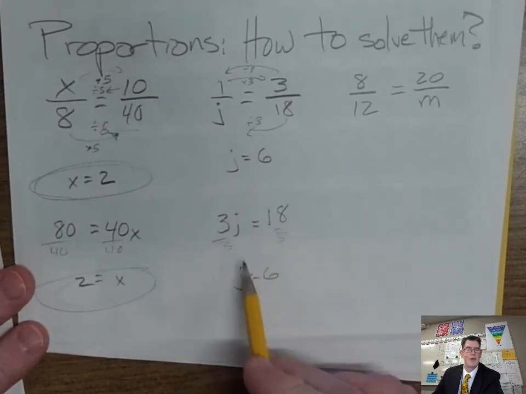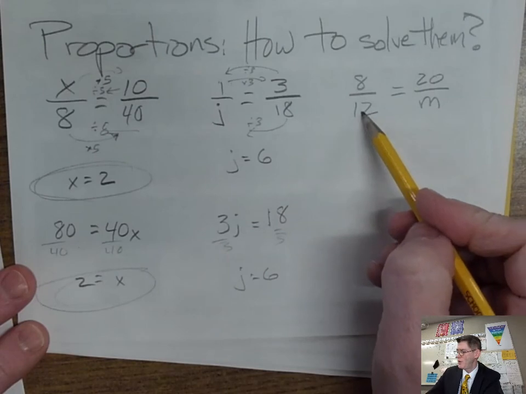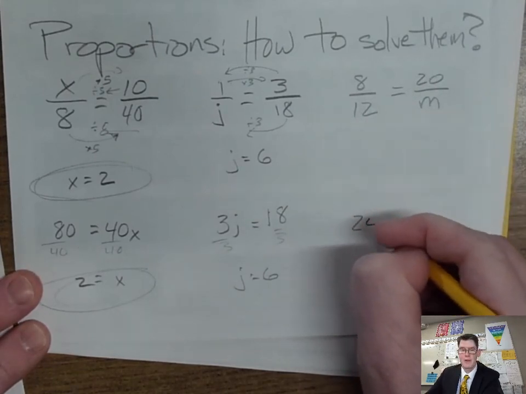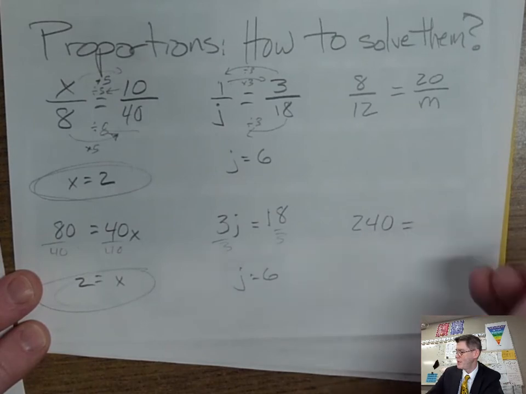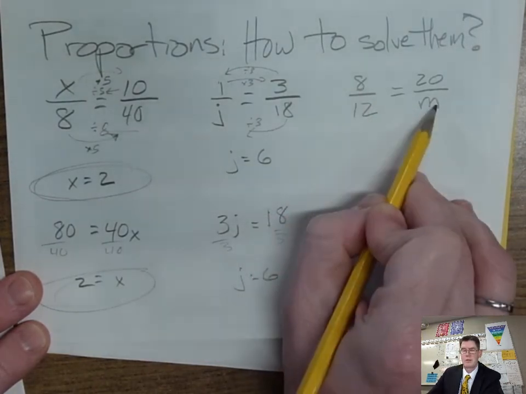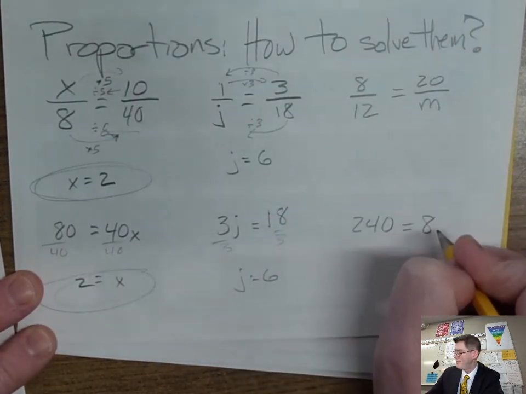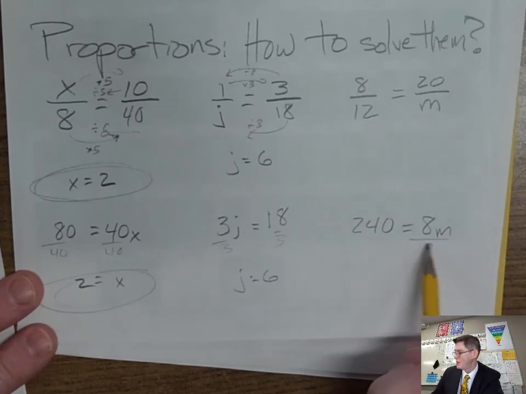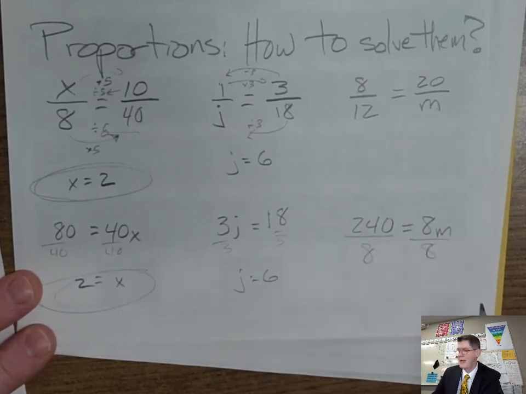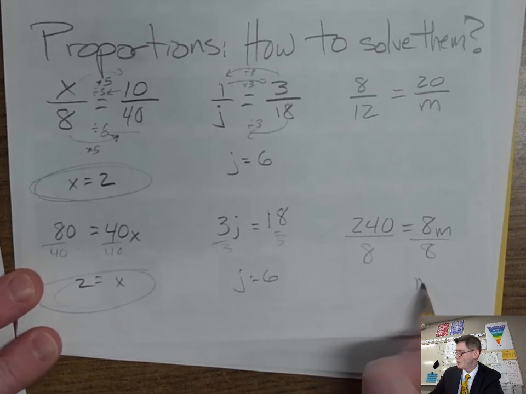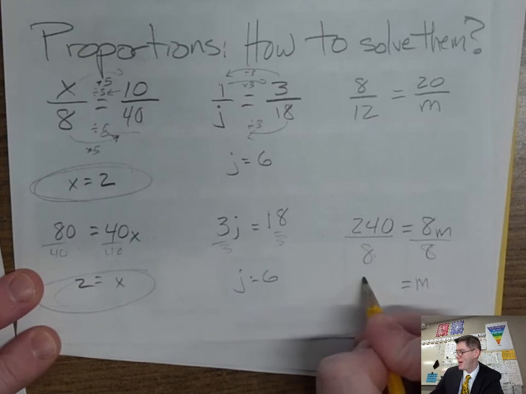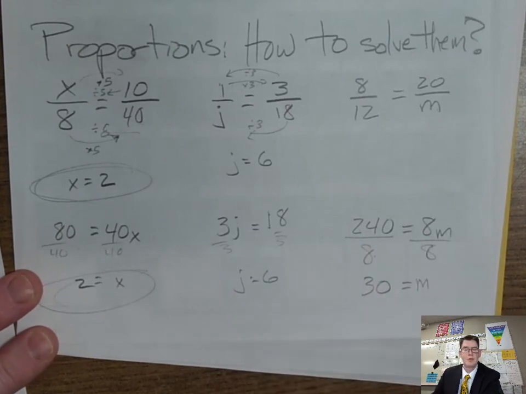And if we use that process here, then we know that 12 times 20, and you can use a calculator if you need, you've got 240 equals 8m. Again, it's just one of those simple equations. We've got 8 and 8. So m equals, on your calculator, 240 divided by 8. If you type that in, you'll get 30.